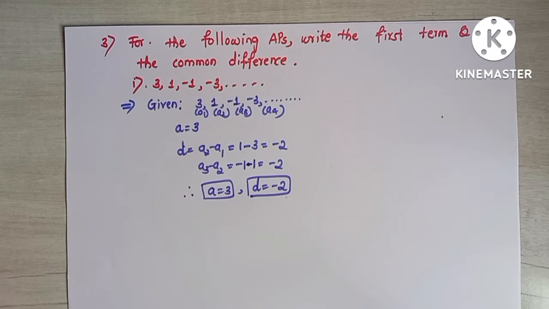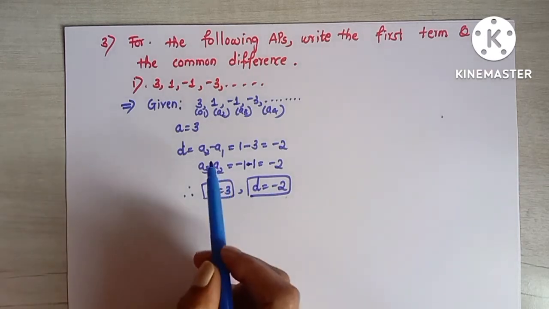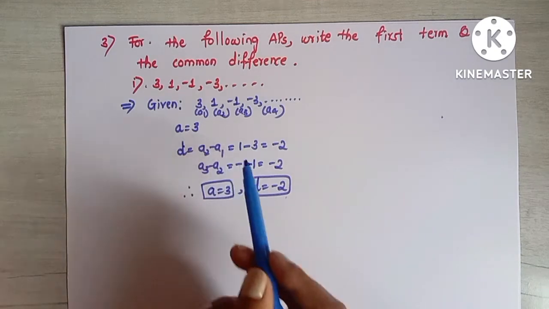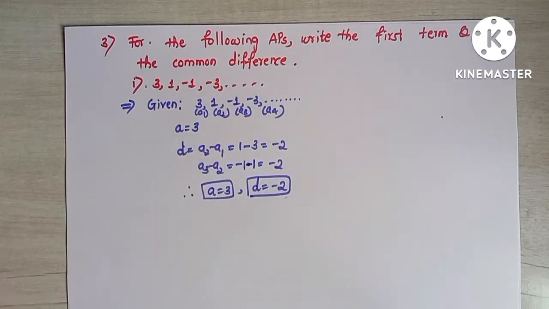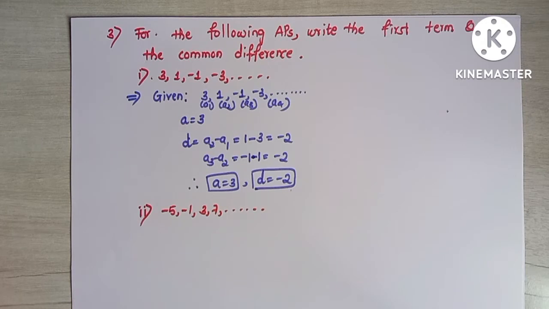Okay. Here first we have to write down what is given. Then we have to find the first term and we have to find the value of D by A2 minus A1 formula and A3 minus A2 formula. Let us see the next question, that is minus 5, minus 1, 3, 7.